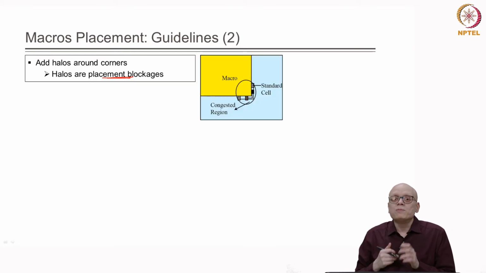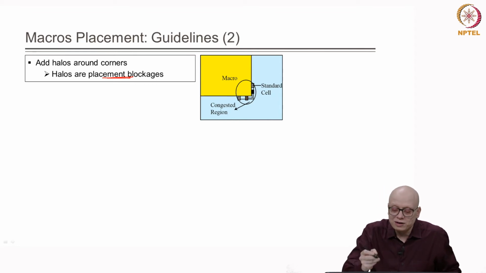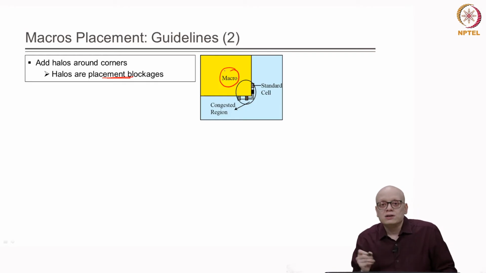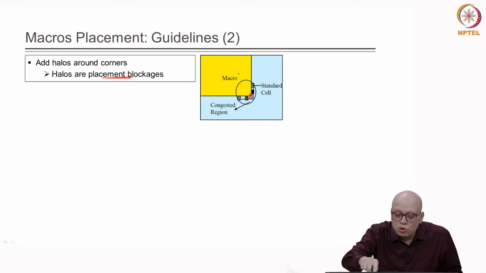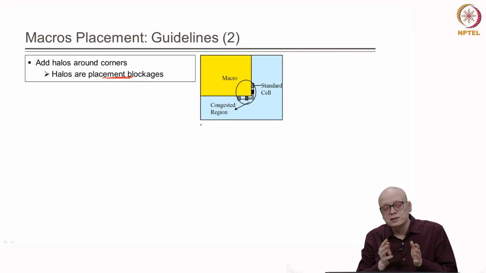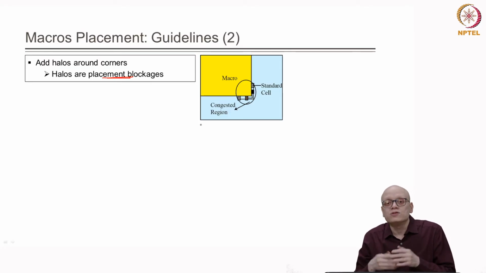Suppose this is a part of a floor plan, not a complete floor plan, but a part where we have highlighted the corner of this macro. If we do not add a halo, what can happen? Understand that the macro is already designed. It may be a block designed by another team, or a hard macro we got from some vendor.